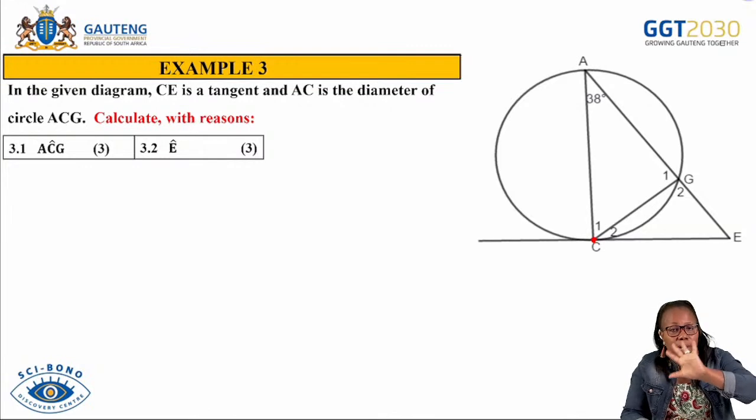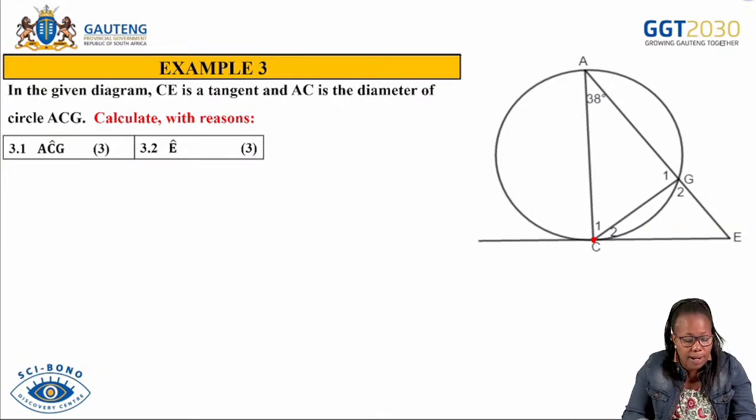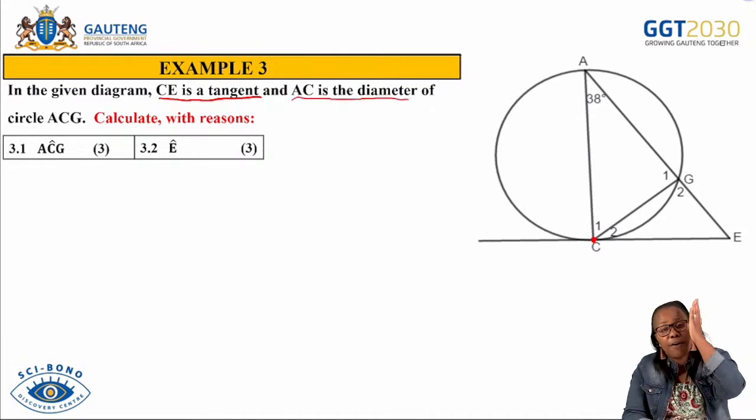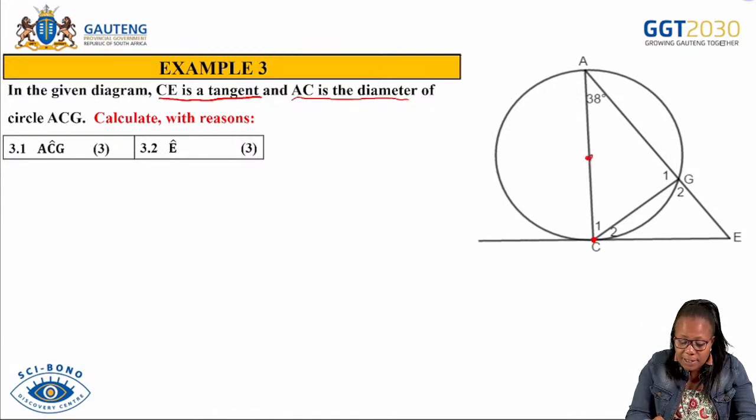Therefore, there's no way that it can be a tangent. The minute we have a tangent, we are going to test the tangent theorems. And then we have AC, a diameter. The center is not indicated, but for the mere fact that they say it's a diameter, AC is passing through the center. There must be a center somewhere there.